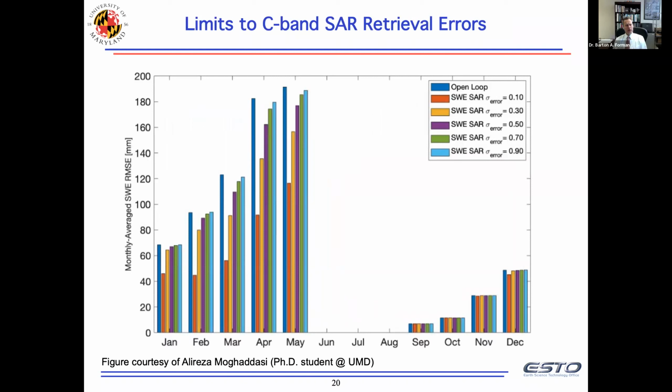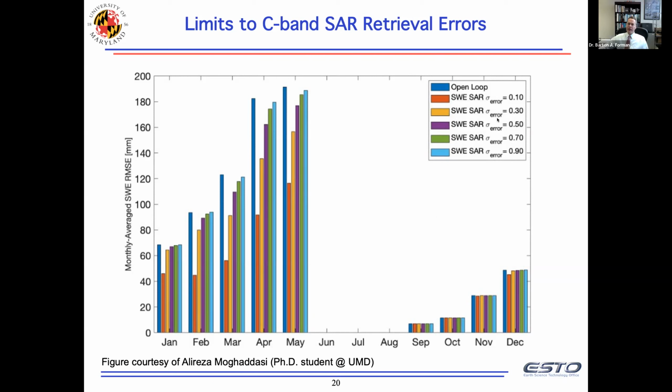We can do another type of experiment. It's not just a question of what's the optimal combination, but for many of these sensors, particularly C-band synthetic aperture radar, I think the jury is still undecided exactly what the retrieval errors are. There's a lot more work to be done, and there's some debate as to what these retrieval errors are.